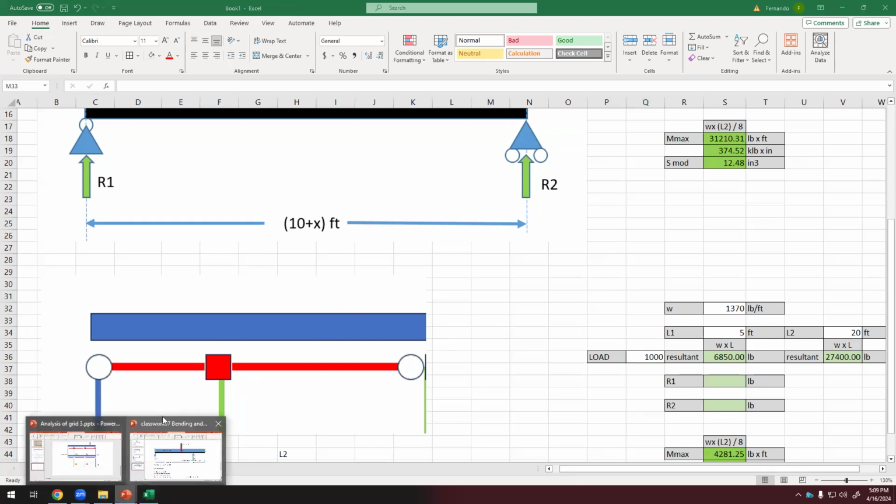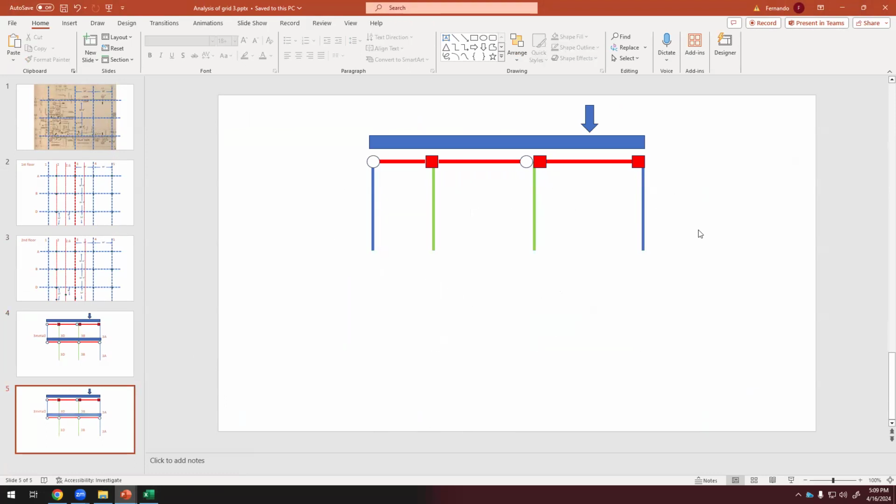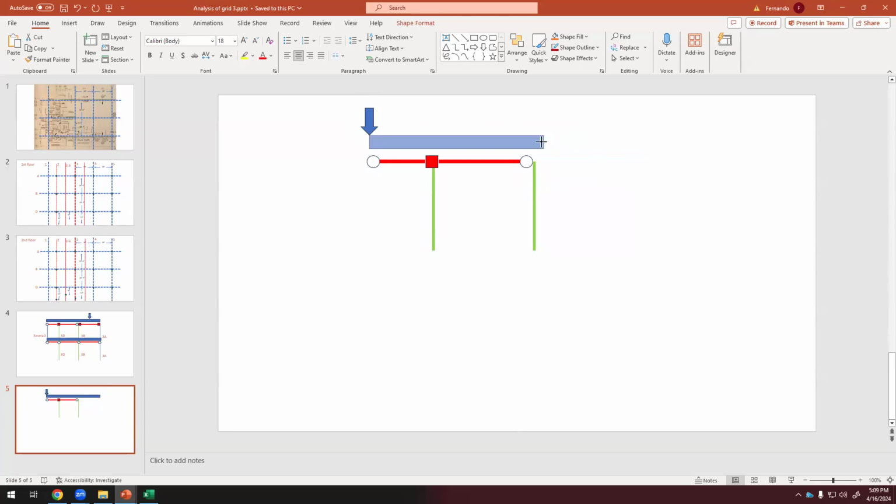So what does it mean? Now I have to go back to this file because I'm going to explain. Let's forget about this part. We have a load here, and we have the uniformly distributed load there. Okay, so that's the problem.